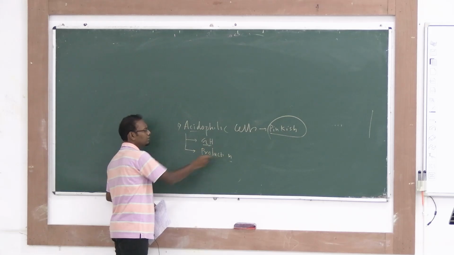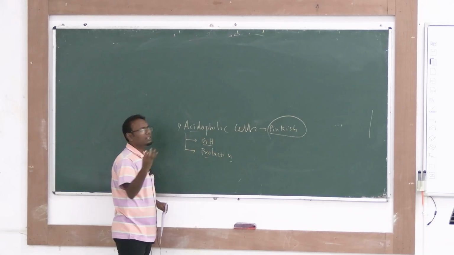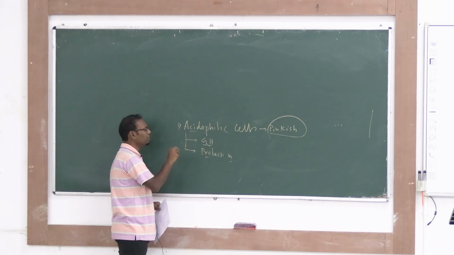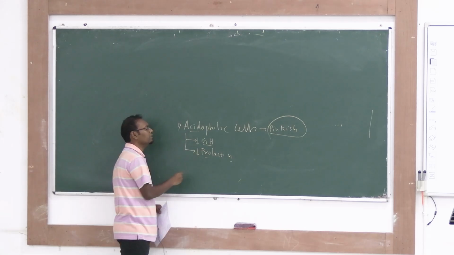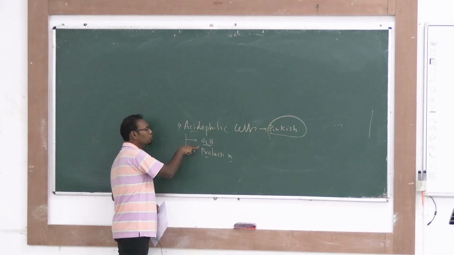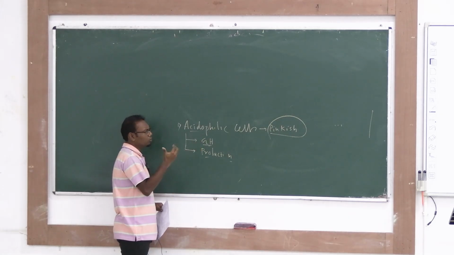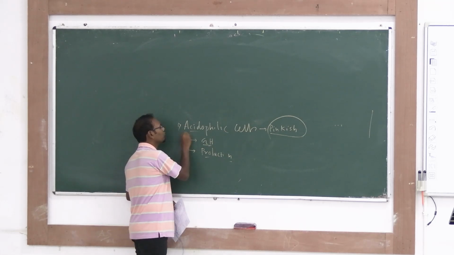Though their actions are completely different from each other, they are synchronized. Not really dependent, they are synchronized. That's why they are called twin hormones. They show similar characteristics. So these two are from acidophilic cells.